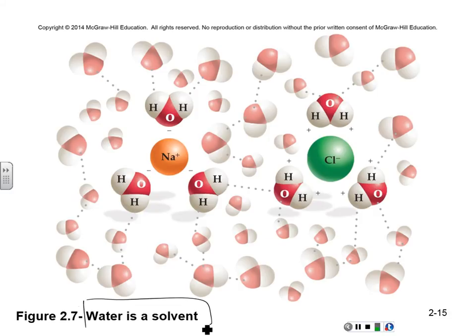This one is probably one of the most important, and it's the fact that water is a solvent. Basically, if you put an item in water, the water molecules will pull that atom or molecule apart. So here is our sodium and our chloride. We can think of it as salt. And you can see, remember how the hydrogens are positive and the oxygens are negative, and they're usually interacting with other water molecules by hydrogen bonding.